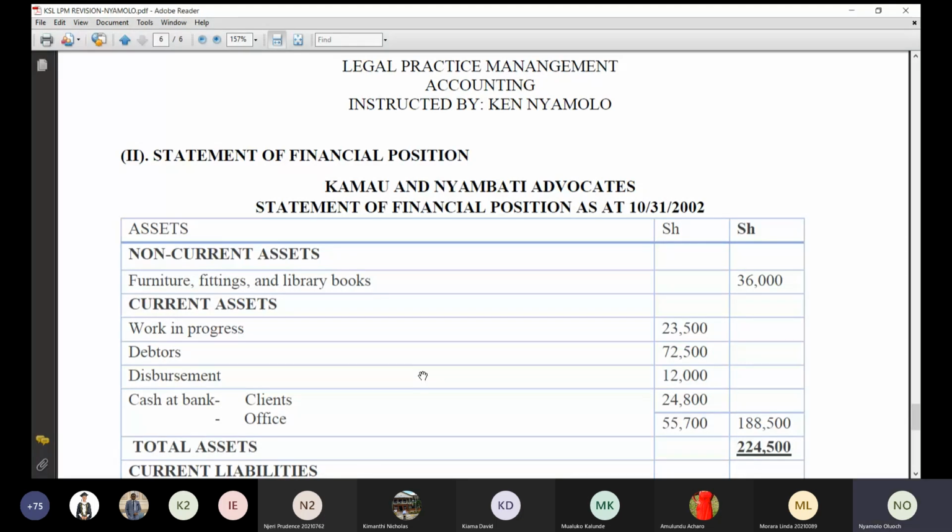So our non-current assets, if depreciation was charged, then you will pick it and put that figure there. Our current assets, there's a work in progress, which is an asset. You bring it under current assets, and that is the closing one, the 23. Then we had the debtors that we had adjusted. We were told that we had 78, but 5,500 were not going to work. The disbursements that we made for these clients, they're supposed to pay us.